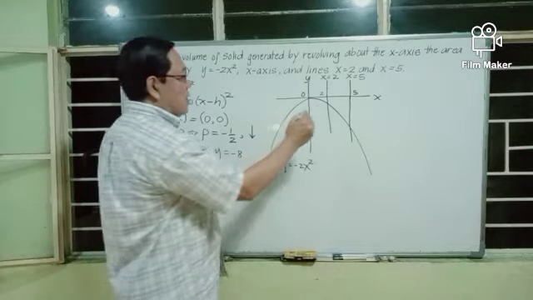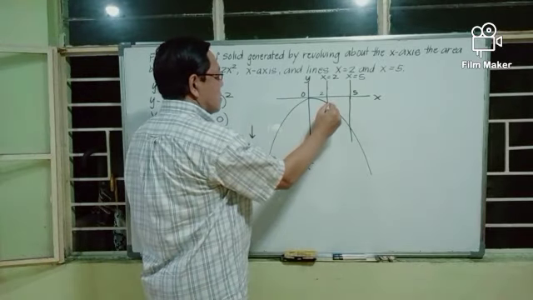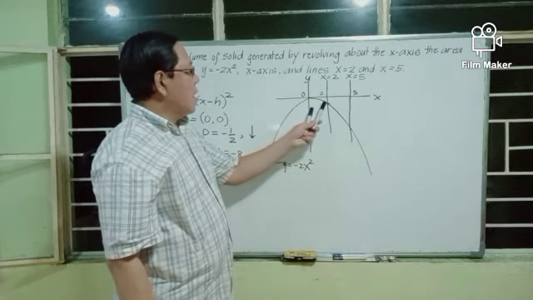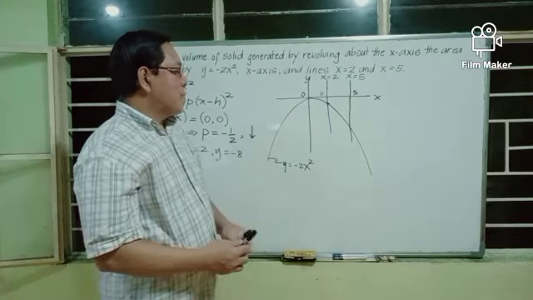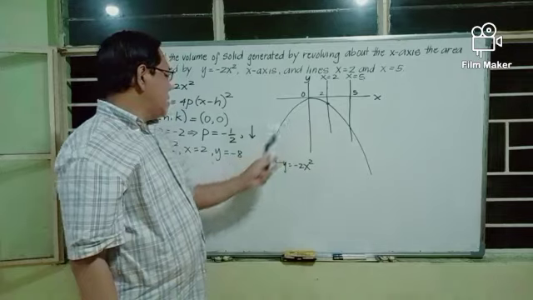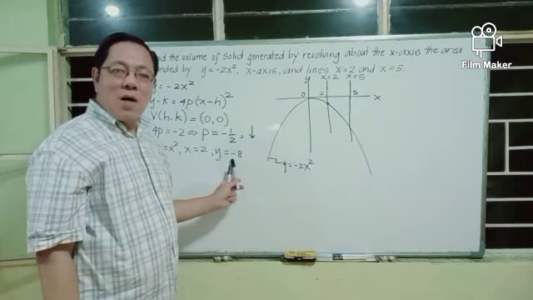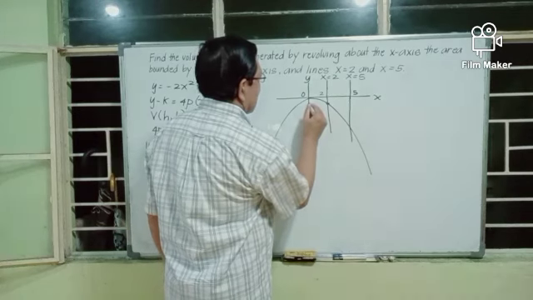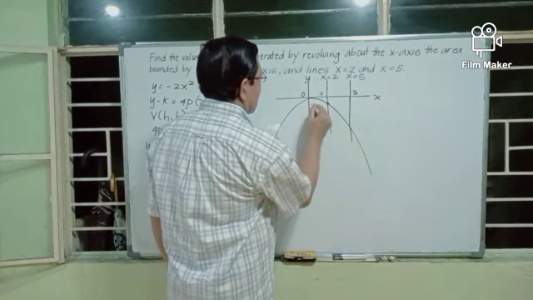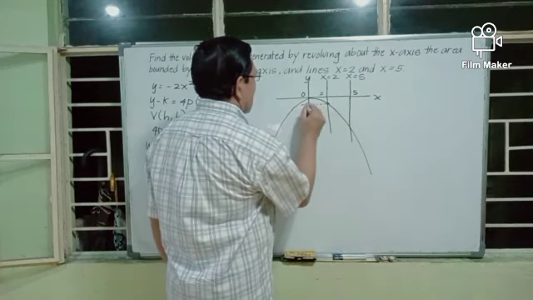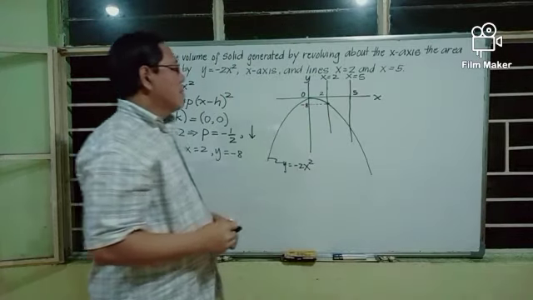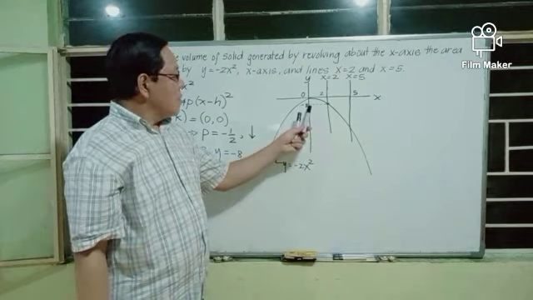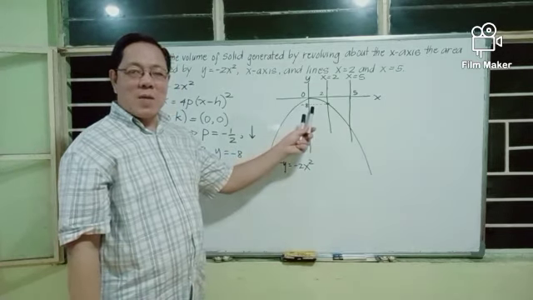Hence, this point of intersection has coordinates x is 2 and y equals negative 8 on the y-axis. And this is only an approximation to approximate this point is negative 8.